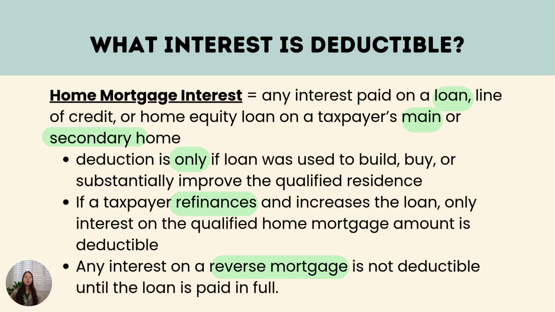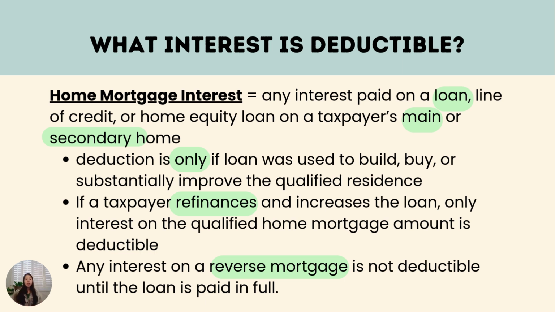In previous lessons, we talked about how your home has to be your main residence, but home mortgage interest that can be deducted can be on a taxpayer's main or secondary home. And this deduction can only be used if the loan was used to buy, build, or substantially improve the qualified residence. Now, what does this all mean?